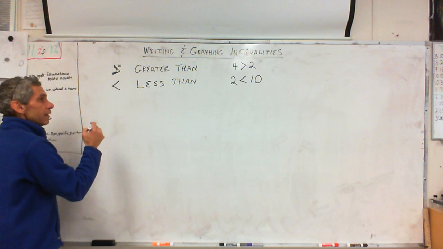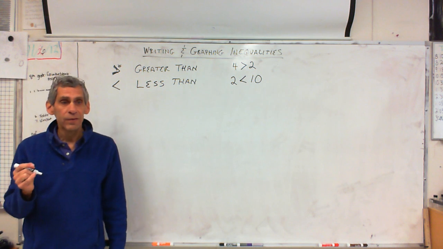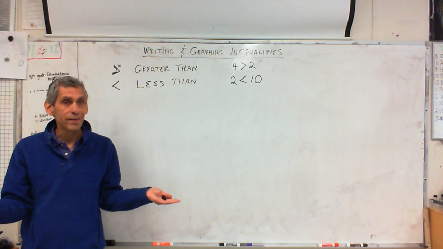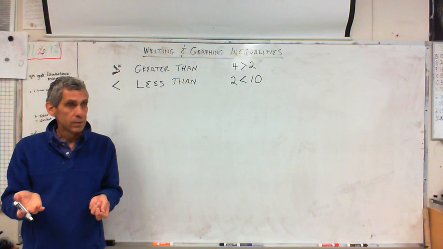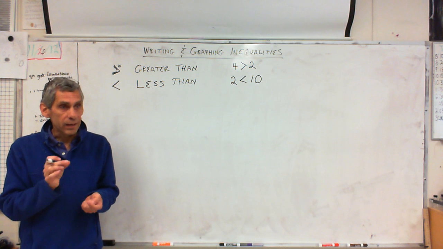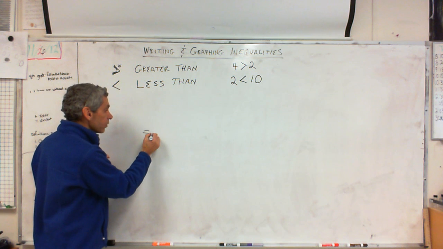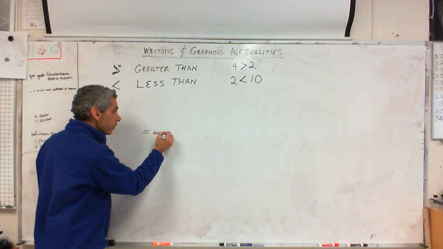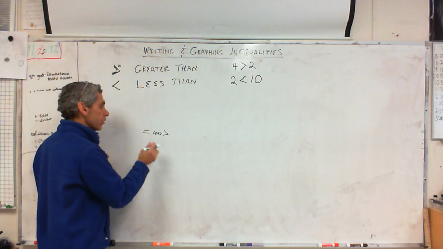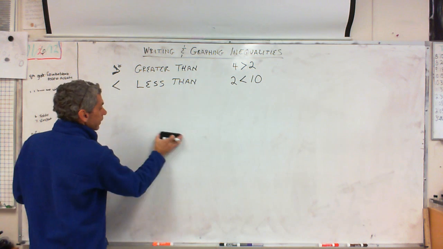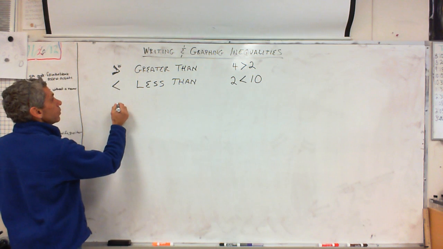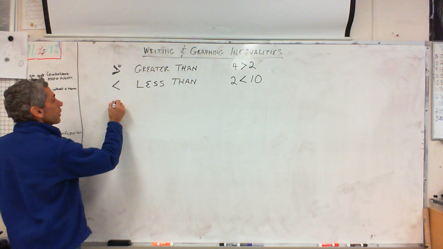Sometimes you have an inequality and an equation together. Instead of saying equal and greater than, you don't do that. You write it like this. We're going to do greater than or equal to now.